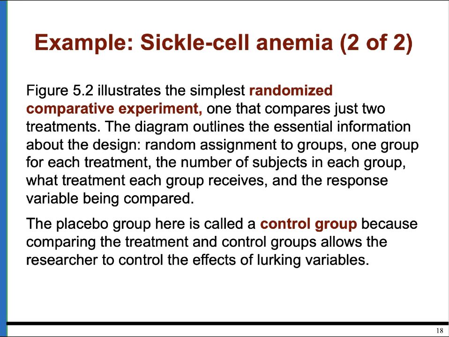Make sure that you include the essential information: that you started with random assignment, that you had 1 group for each treatment, the number of subjects in each group, what treatment each group receives, and that the response variable is being compared at the end. As a reminder, the placebo group is being used as this control group because you want to make sure that any lurking variables are accounted for. Keep in mind that humans sometimes respond favorably just because they're getting treatment.